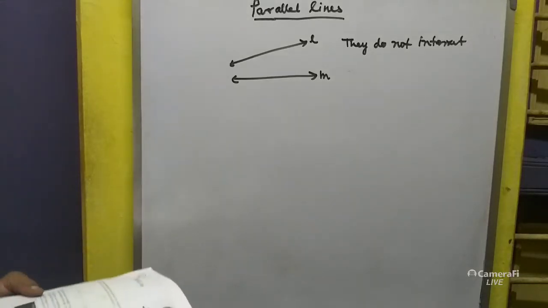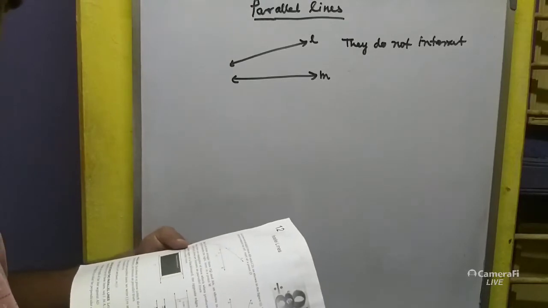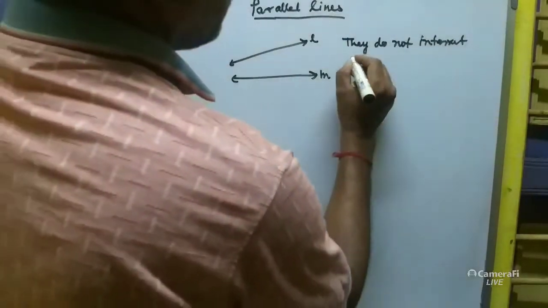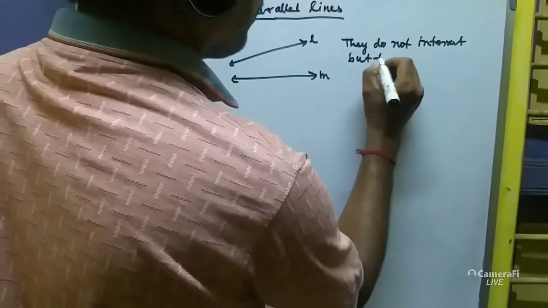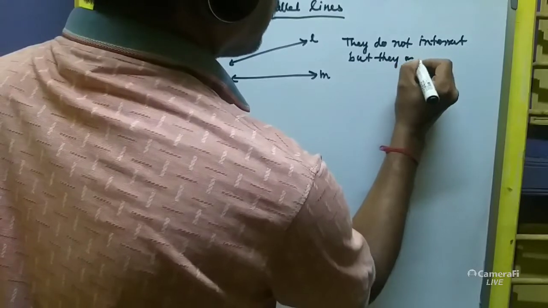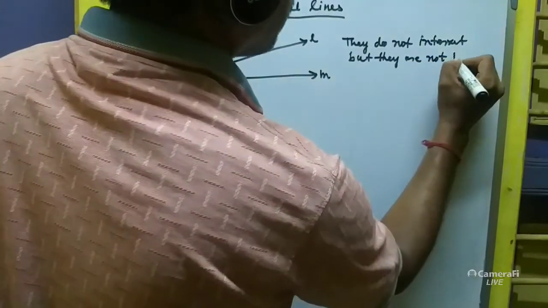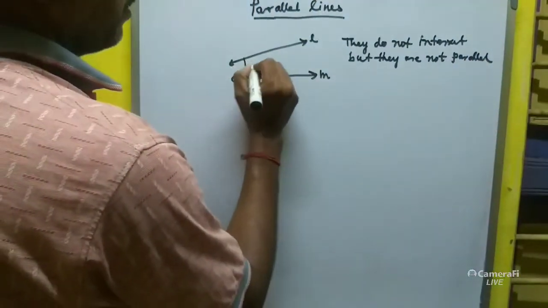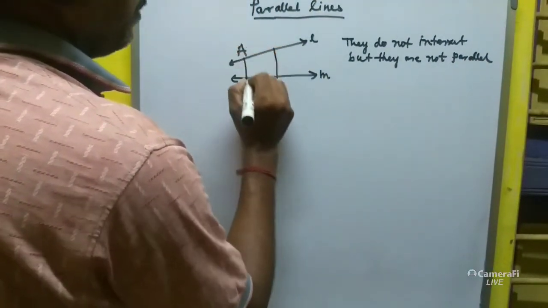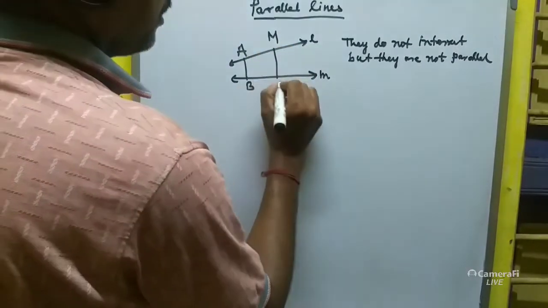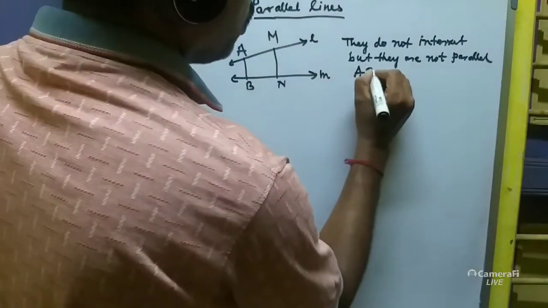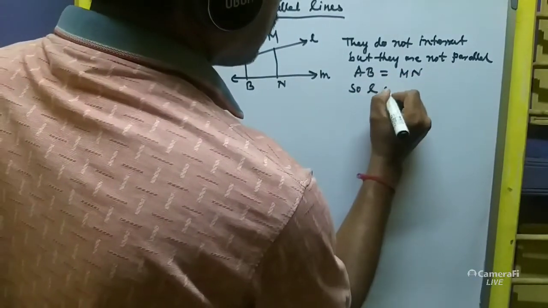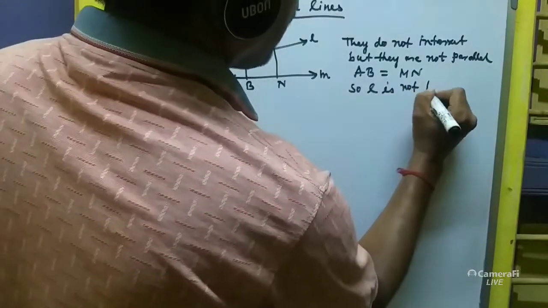But they are not parallel. Why? Because the distance is not the same. Look at AB, if this is AB and this is MN, then here AB is not equal to MN. So L is not parallel to M.